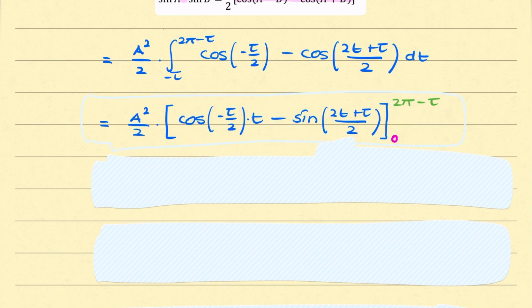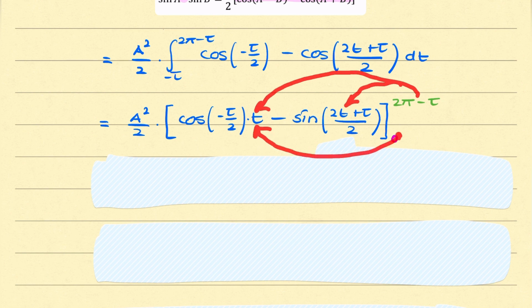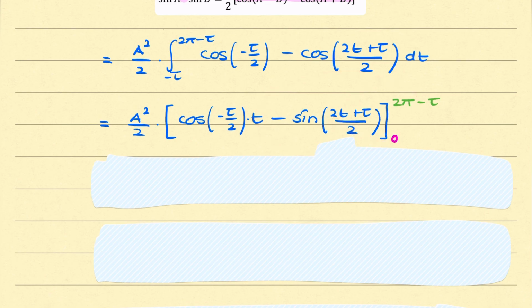So we're almost there. We've multiplied by t, and we've got the cosine to give me a sine. These are my limits. I now simply need to replace this once, twice, and then this once, twice, and we're done.